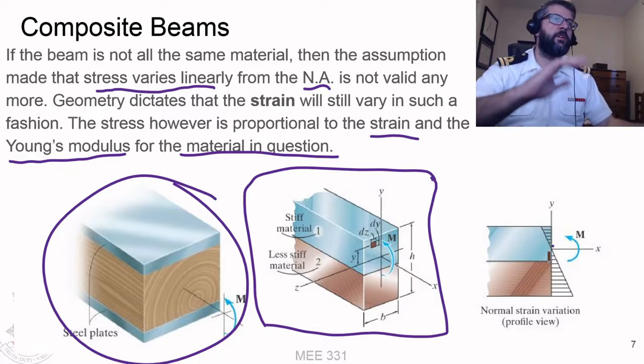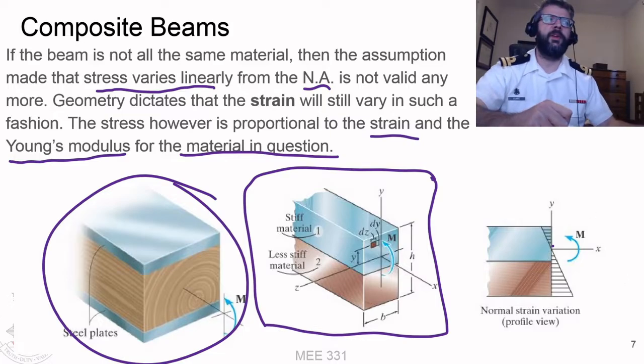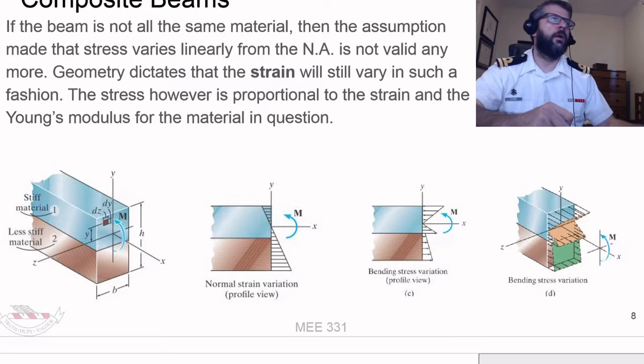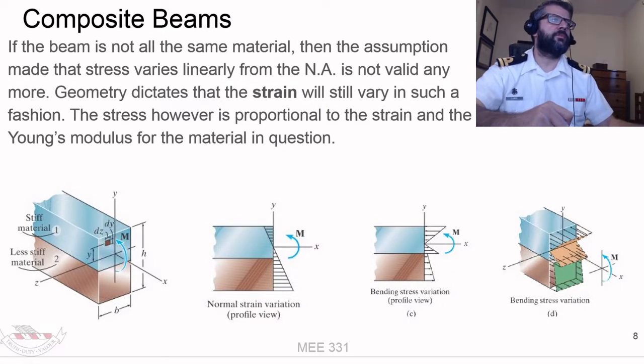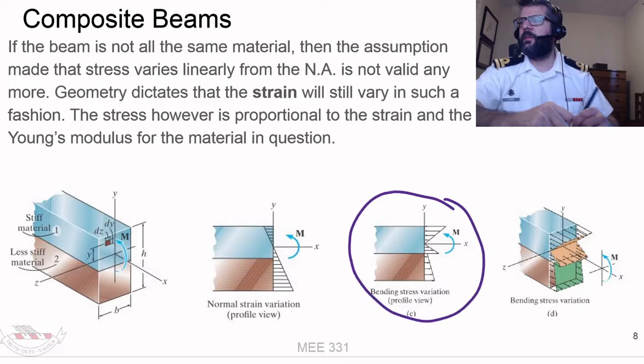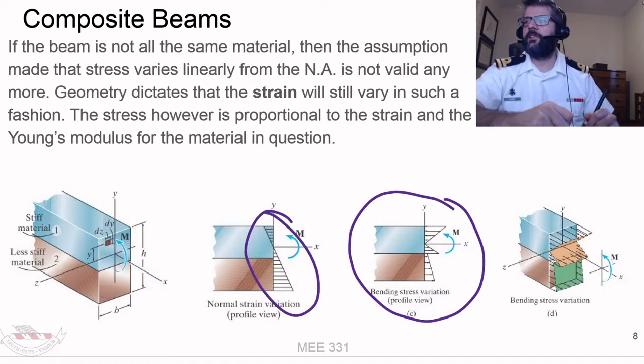Of course, we don't yet know where the neutral axis is, but we'll get to that. That results in stress variations, because we take this strain variation and multiply it by the Young's modulus for the two materials to get our stress variation. So when we get to the less stiff material, the stress level drops down.